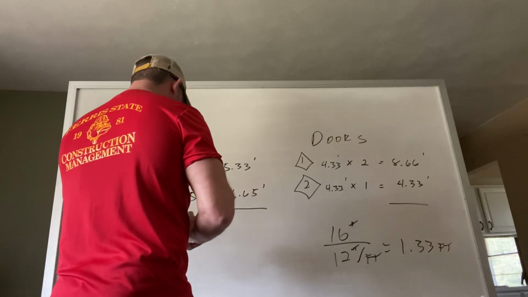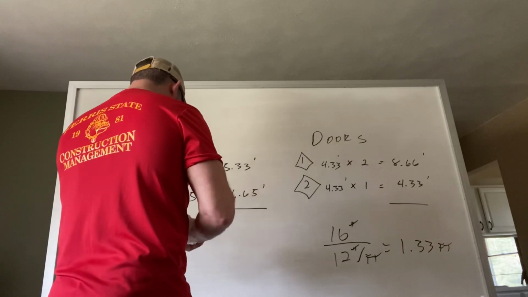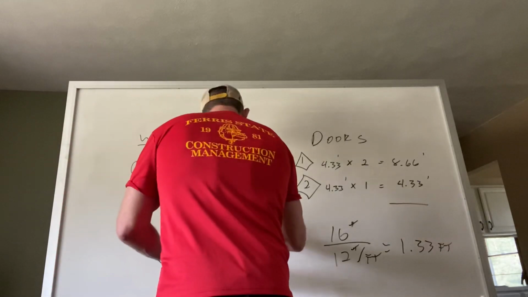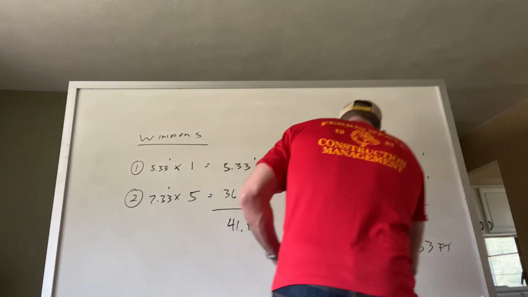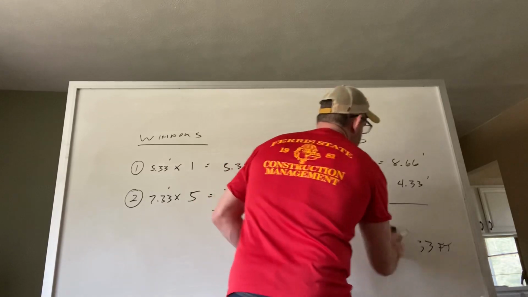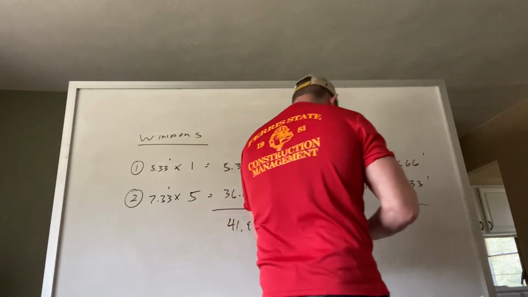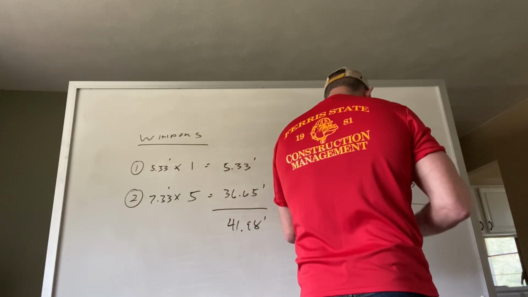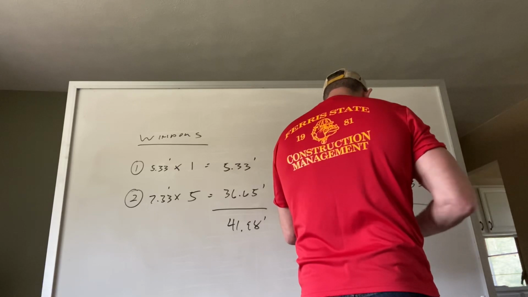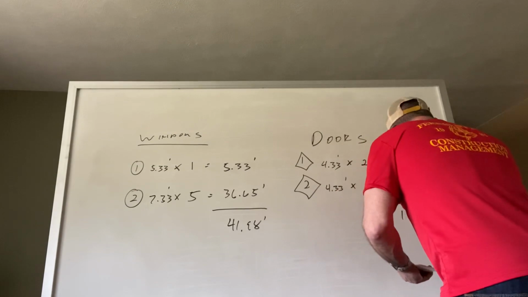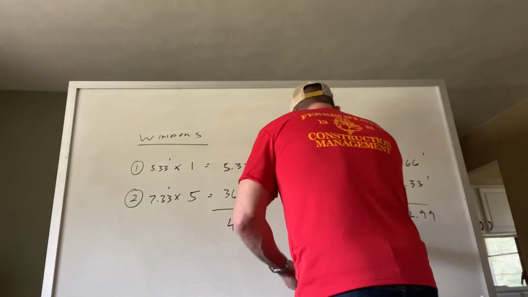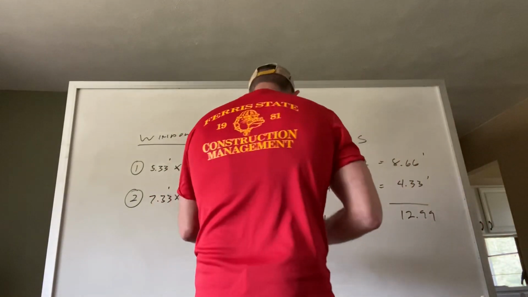5.33 plus 36.65 equals 41.98 feet. 4.33 plus 8.66 equals 12.99. Almost there. Now I have to add those two together.